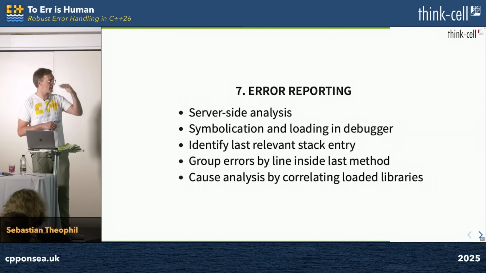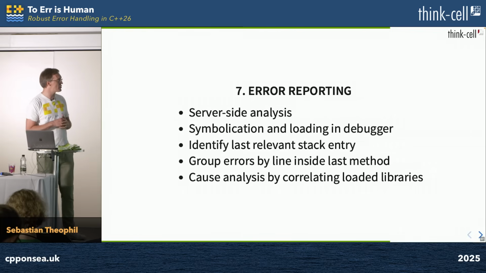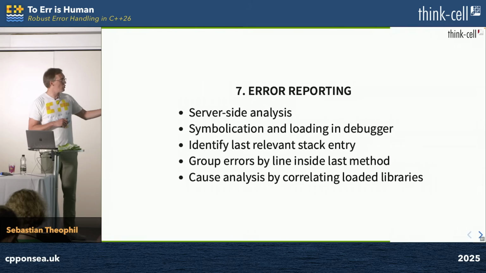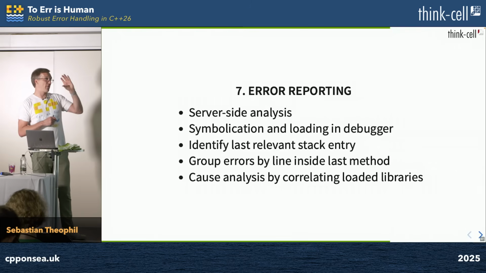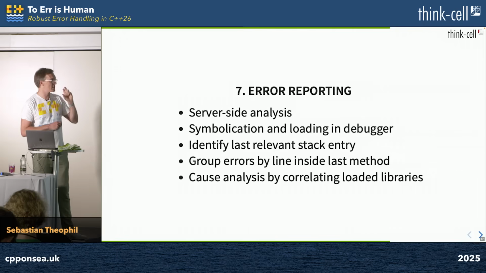It might be that the top of stack is inside some error handling. So we have code that finds the last relevant stack entry we're actually interested in. And then we know what function the error occurred in. And we try to calculate what line inside that function the error occurred in, because that is relatively stable information.